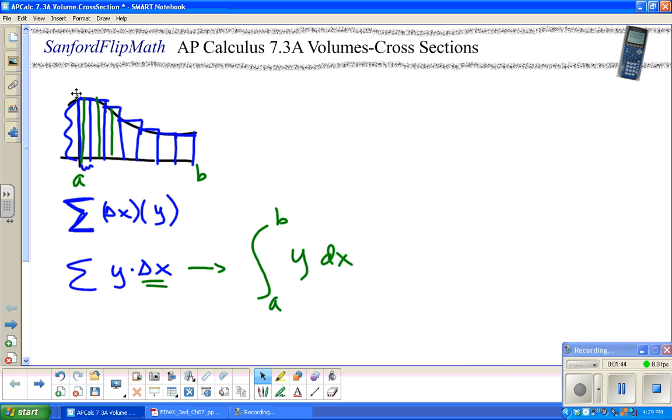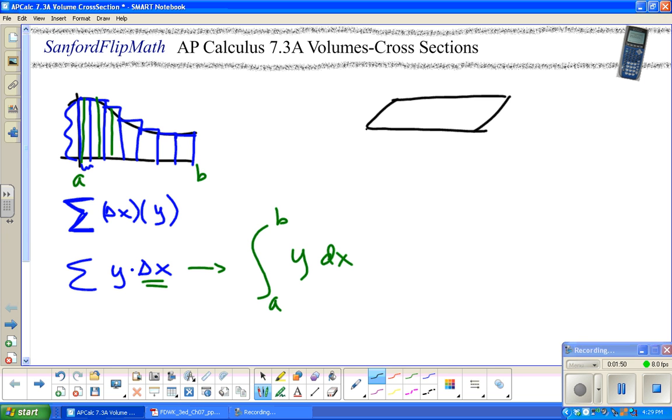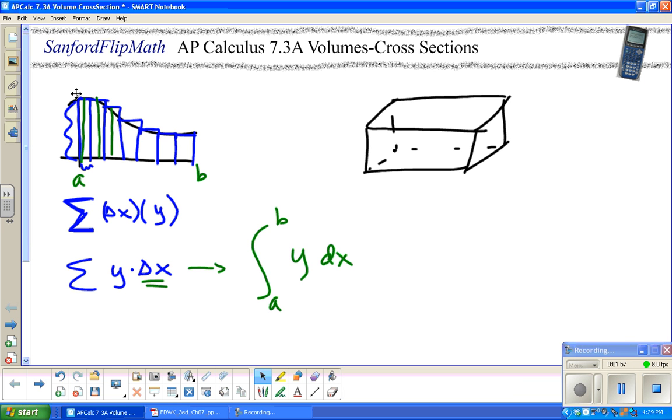Well, we're going to do the same kind of idea with volume. If we have some volume that we're trying to find, and it was just a little prism like this, it wouldn't be a big deal. But the concept is that we will take lots and lots of slices of width dx.